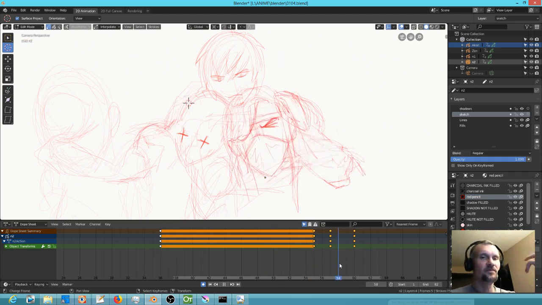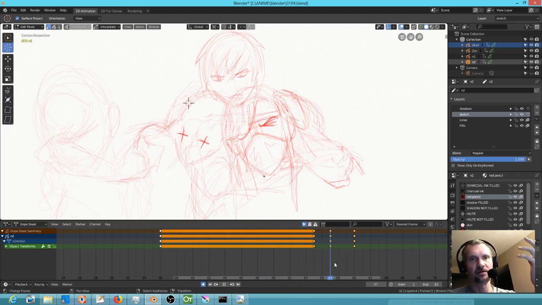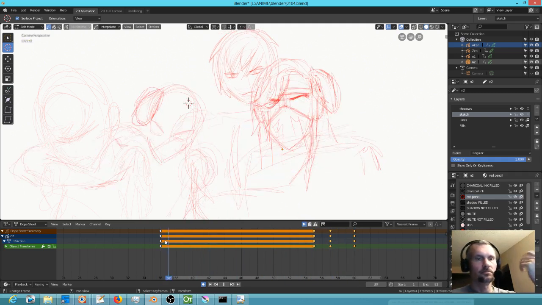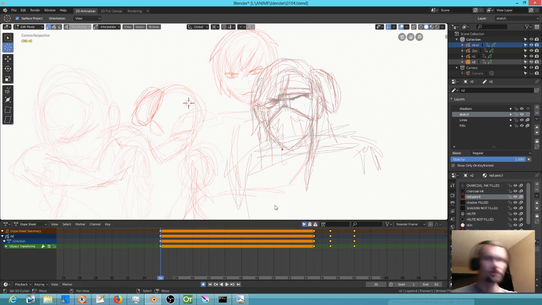But I mean, for me, the salient point is you really have to be thinking about, do I want to animate this by making a new drawing or moving strokes around, or do I want to translate the object?